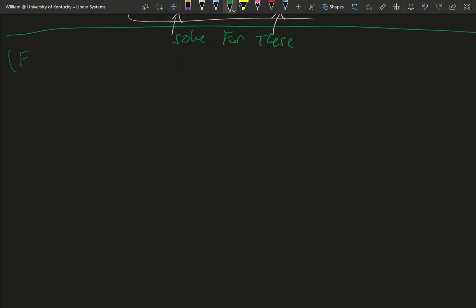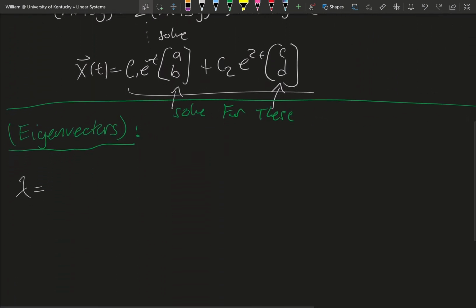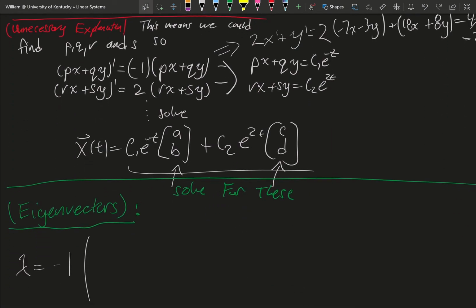And this is the step where we are finding our eigenvectors. So remember the way we do this. Lambda equals -1. I think the quickest way to do it is to take your original matrix that we took our determinant of, and with lambda equals -1, just make that lambda -1. So -7 minus -1.